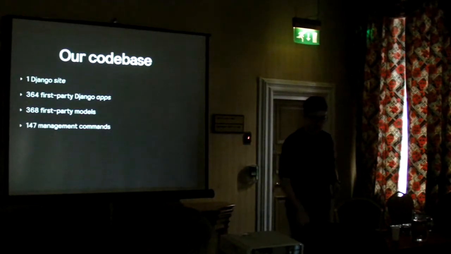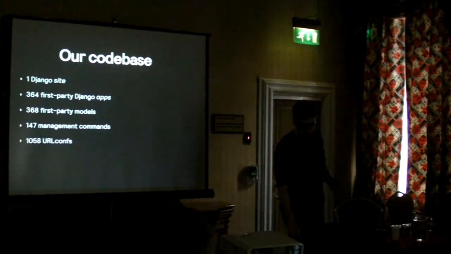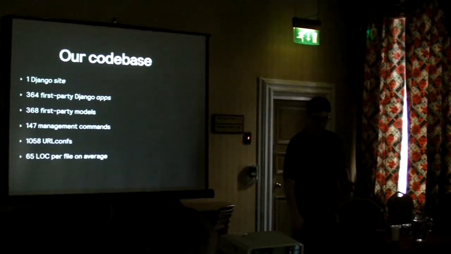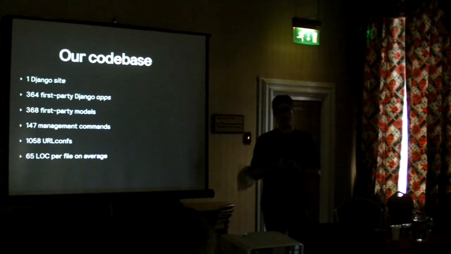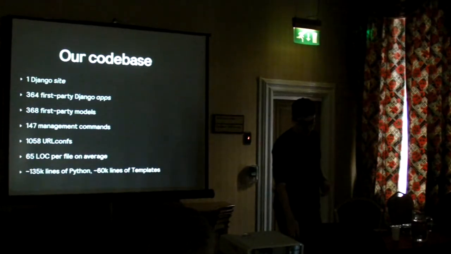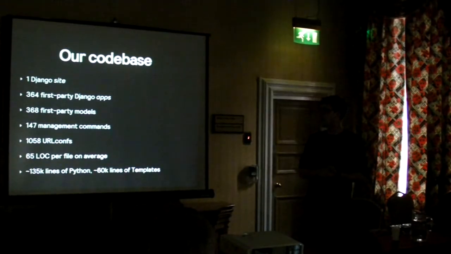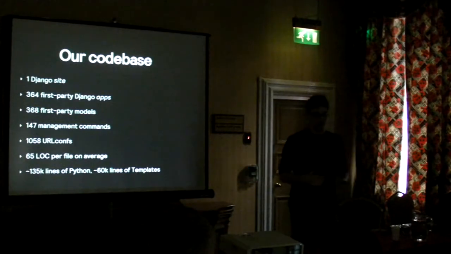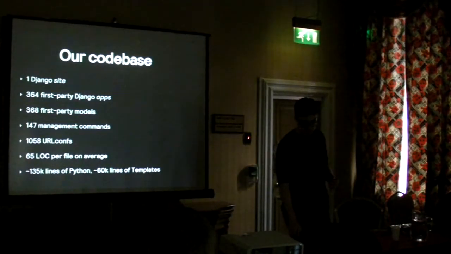We've got 147 management commands, over 1,000 URL comps, only 65 lines of code per file on average, and that's excluding our migrations, tests, I think, and empty init.pys. And in total it's about 135,000 lines of Python and about another 60k lines of Django templates.